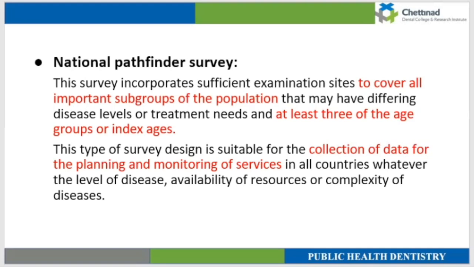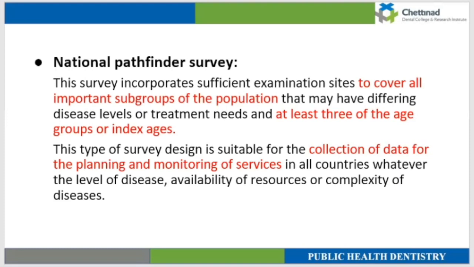In 65 to 74 years, it is mainly to estimate the manifestation of oral disease from a life course perspective and assess the ultimate effect of oral health programs in your population. These are the 5 index age groups selected in the WHO assessment form.